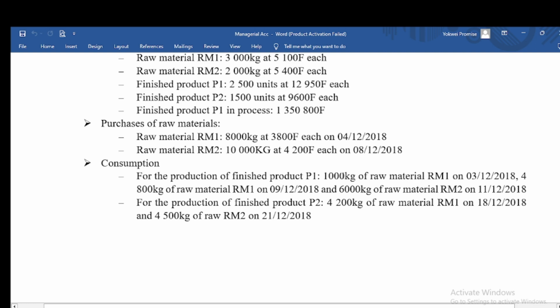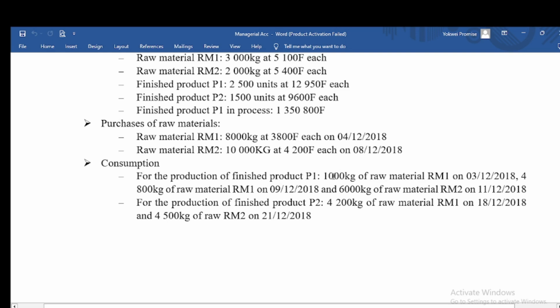So we are going to take the 1000 units plus 4800 units plus this 6000, which is already for raw material two. This is just for product P1, and then for P2 I have 42 and 4500 kilograms only.